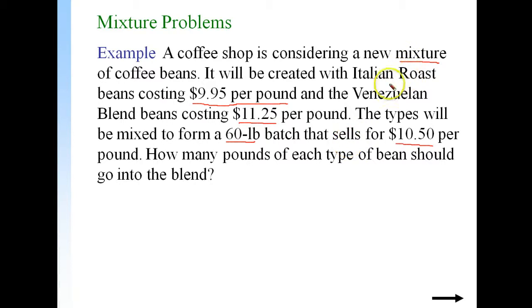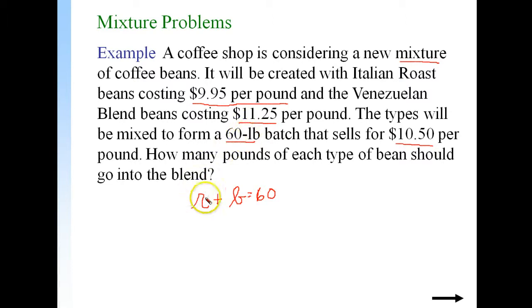All right, well, let's use the R from the roast beans, that's the R from the roast beans, plus the blend of the blend beans. And we're going to end up with 60 pounds of this. That's going to be our N amount, 60 pounds.